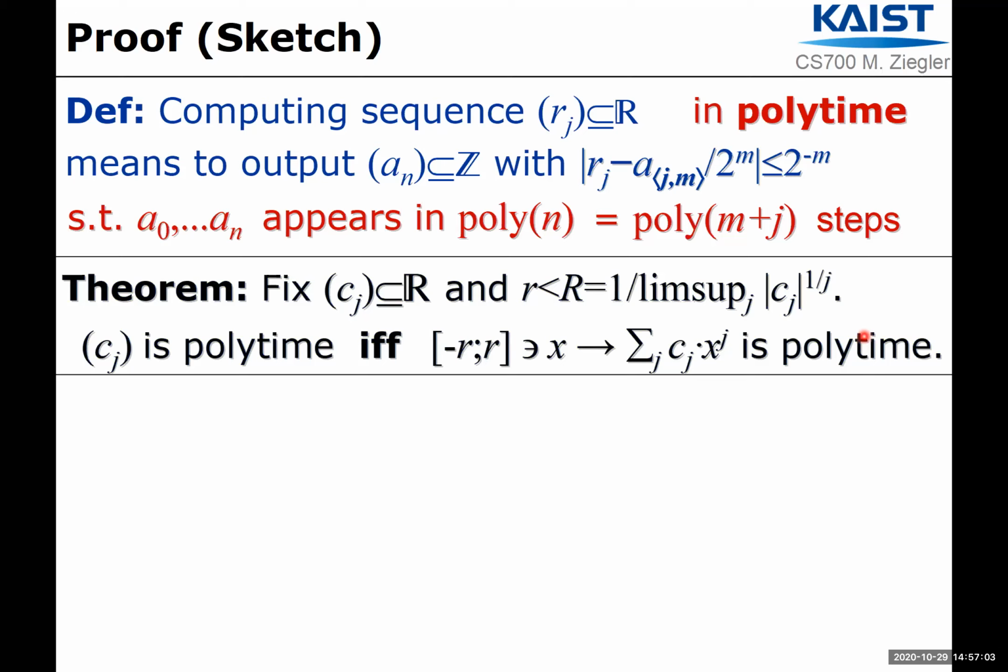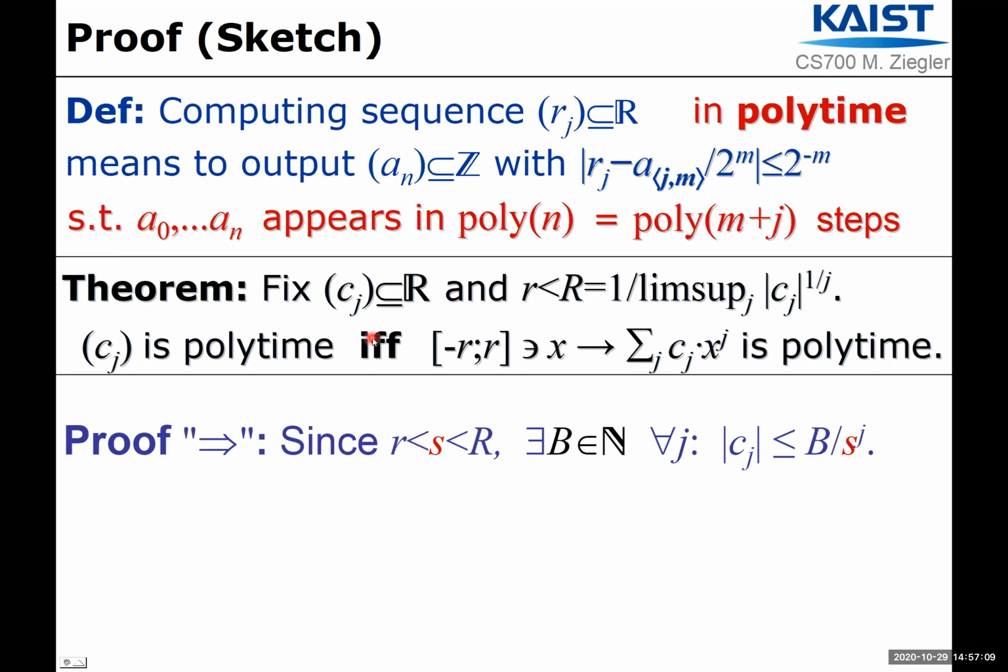So here's a sketch of the proof, and the statement of the theorem is an equivalence. It's a two-way implication. The first direction proceeds as follows. Since small r is strictly less than the radius of convergence capital R, there exists some real number s that lies strictly between both, right?